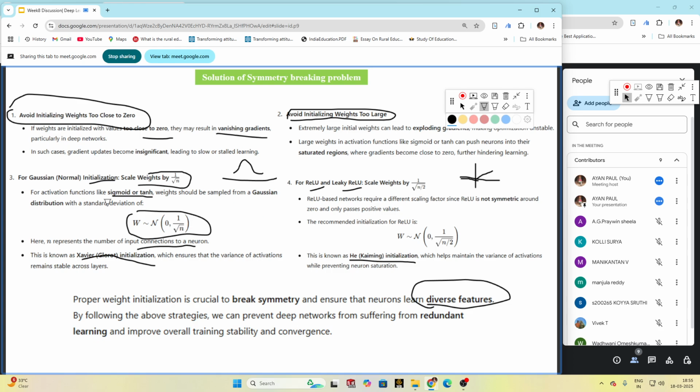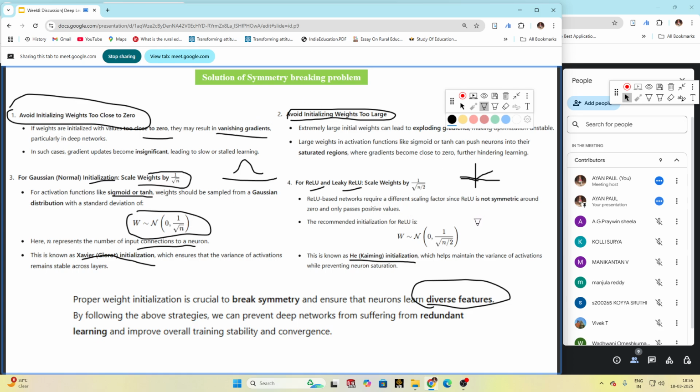But this third strategy does not work well with ReLU and leaky ReLU functions. Why? Because in ReLU and leaky ReLU you have two functions, one for the negative part and one for the positive part. So now we have to scale your weights by 1 by root over n by 2. These are the four solutions to your symmetry breaking problem.